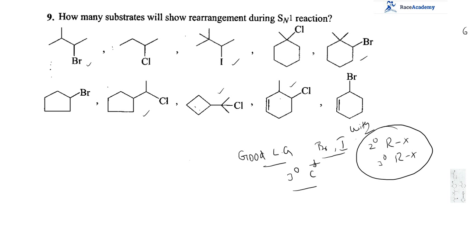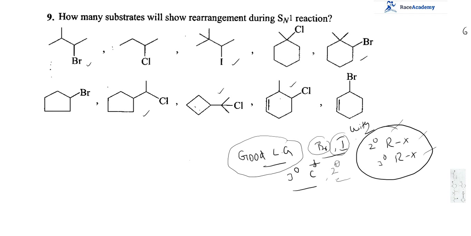See the next one. How many substrates will show rearrangement during SN1 reaction? Here we have so many compounds. To show SN1 reaction, we know that the leaving group should be a good, big-sized one, like bromine or iodine, whereas the alkyl halide should be secondary or tertiary, which will immediately give a secondary or tertiary carbocation to undergo this reaction.